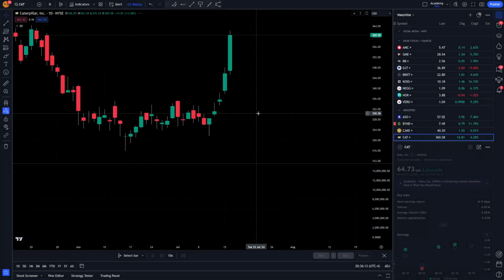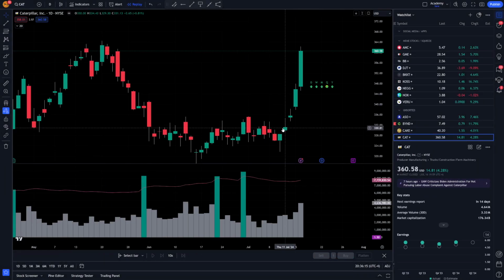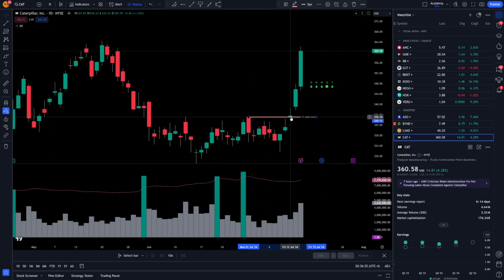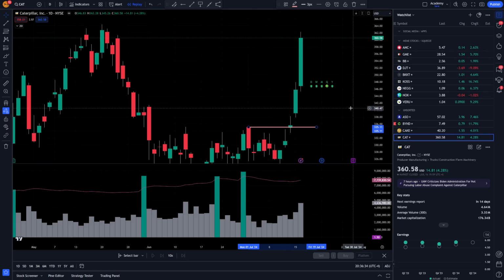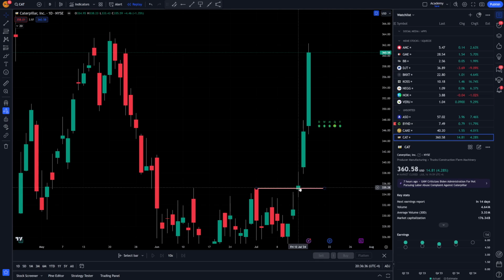A ticker that went so crazy because its time frame continuity was just chef's kiss, right? This ticker right here, Caterpillar, where from last Friday we got above the monthly open, then everything turned green, and then you see how fast this turned up, right?